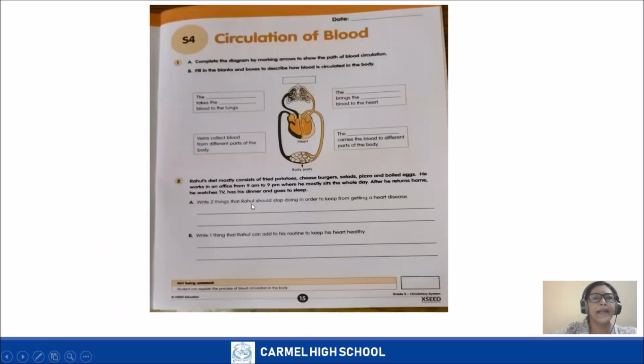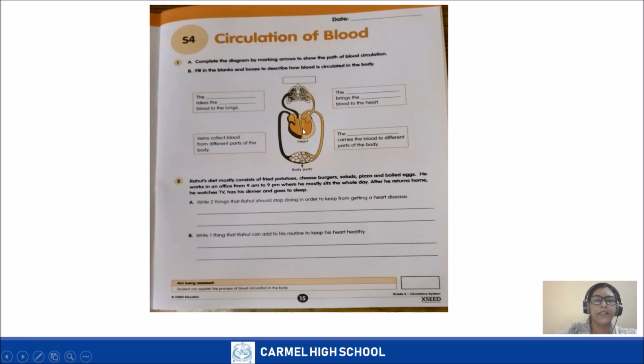Now complete the diagram by making arrows to show the path of blood circulation. So you have to fill in the blanks to describe how blood is circulated in the body. You can follow this diagram, already in the flow chart we had explained.